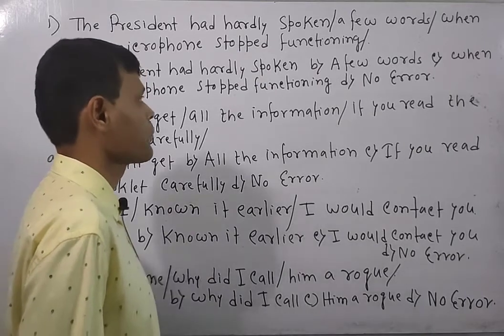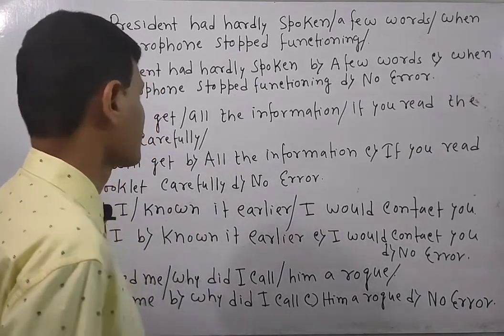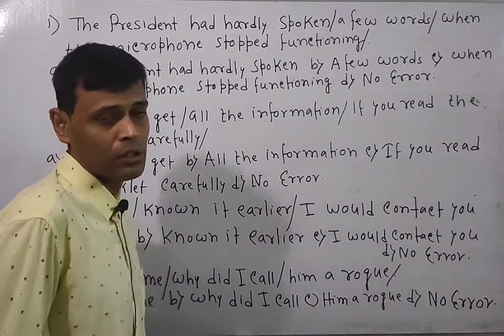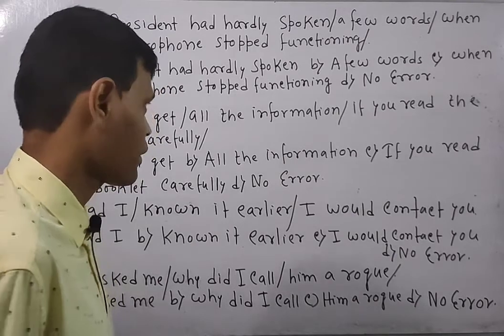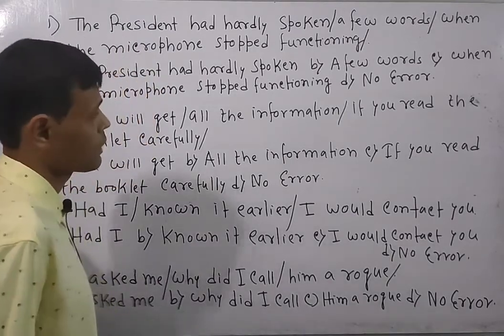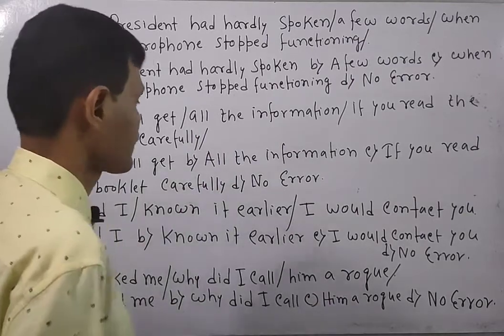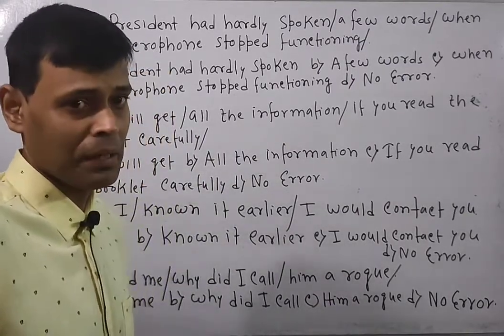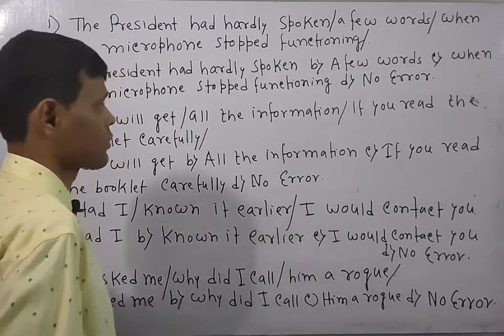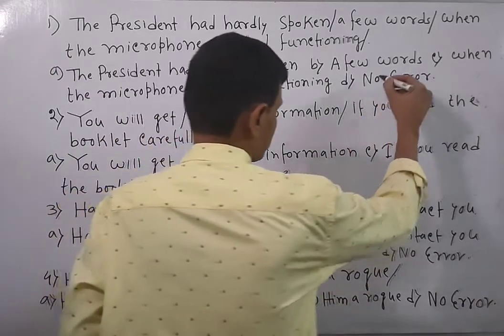Even in the second part too, just after when, the sentence is having no mistake. Though the first part is based on the past perfect tense and the second part on the simple past tense, ultimately the sentence is having no mistake. So you need to go for the option no error.